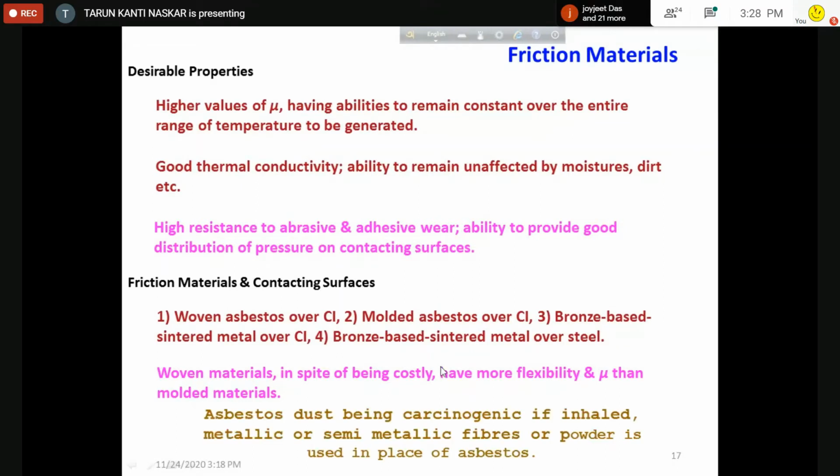Asbestos dust, if there is asbestos and it wears, is carcinogenic if you inhale it. Metallic or semi-metallic fibers or powder is used in place of asbestos. The cause behind this is that asbestos is carcinogenic.